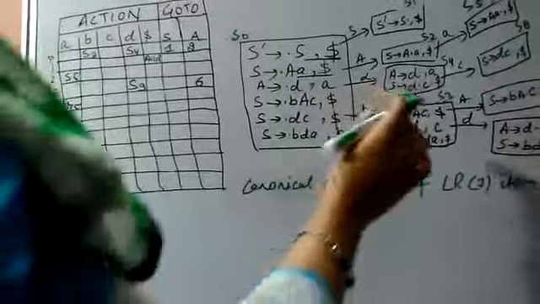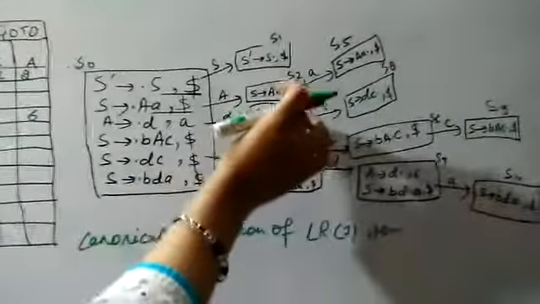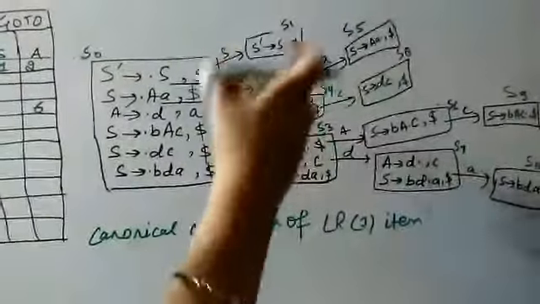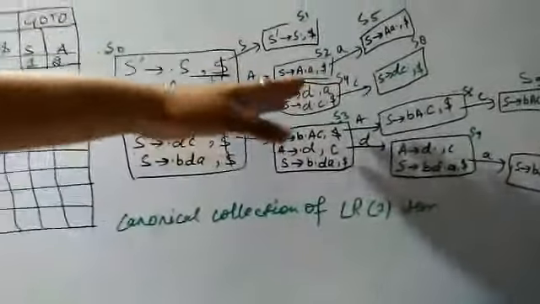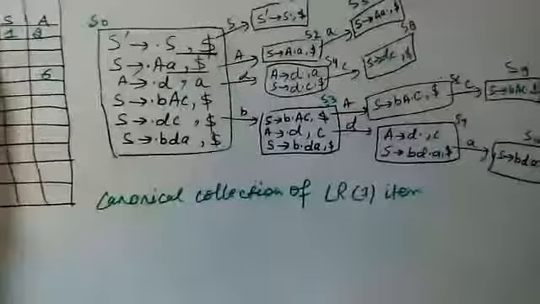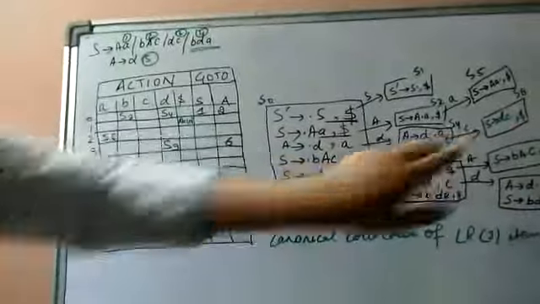Means that this production has ended, that means dot has been placed at the last of the terminal or non-terminal symbol. Means we have to check which number has been put at this production rule, then that reduction with this number will be written in this look ahead symbol simply.